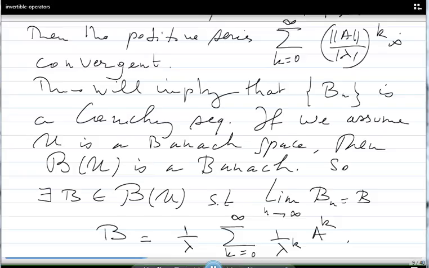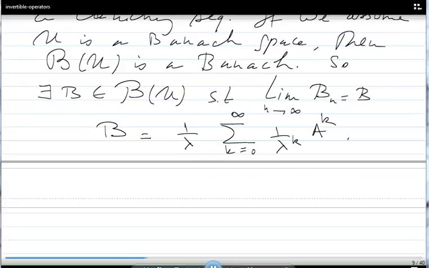Okay. Now let us see some of the properties of this operator B. So B is the limit of Bn.